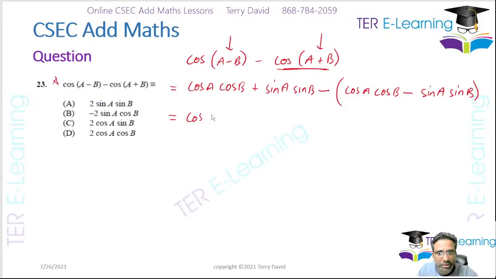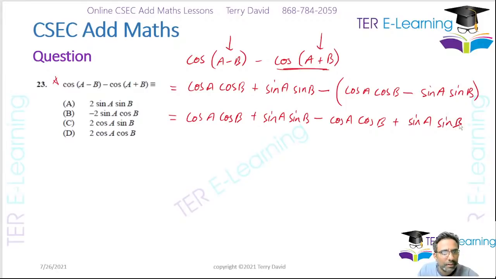So let's see if we can simplify this. So this is going to be cos a cos b plus sine a sine b minus cos a cos b plus sine a sine b, right?